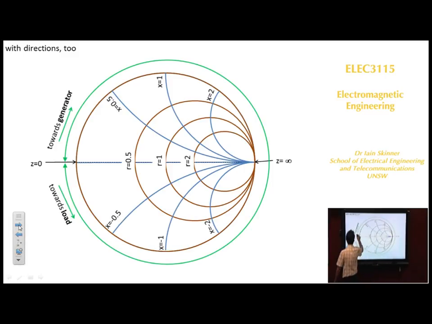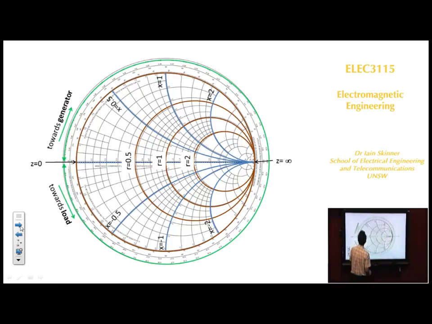Now I add the directions, the green curves that we had previously, towards the generator, towards the load, and put the Smith chart in behind it, and you can actually identify the different things. Here's X, the reactive part of the impedance is equal to 0.5. You find 0.5 in small numbers on your Smith chart up here. This small number here is telling you that this curve is X equals 0.4.